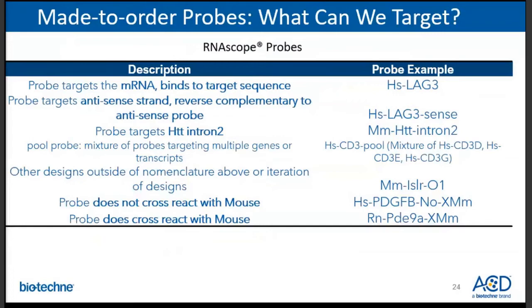So if you have highly homologous species, these probes can be used to target the same gene in different species. So here's an example of the rat probe, PDE9A, targeting also the mouse PDE9A gene. So this is an example of when you have highly homologous sequences, similar to human and maybe macaca, rat, and mouse. These are the type of genes that you can maybe target with one probe instead of two separate probes because of the high sequence homology.